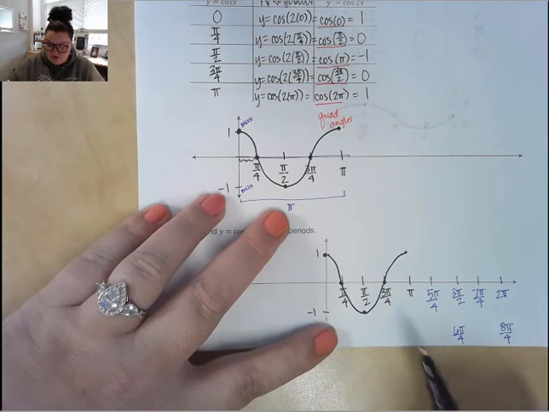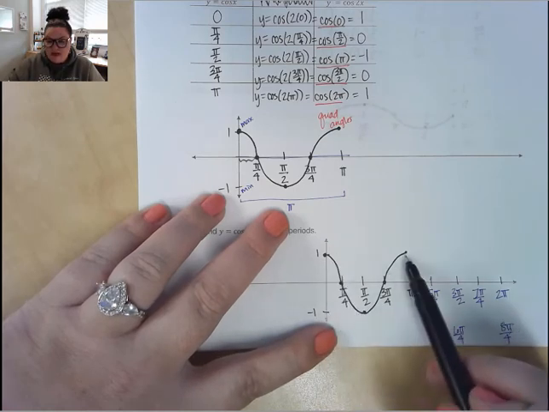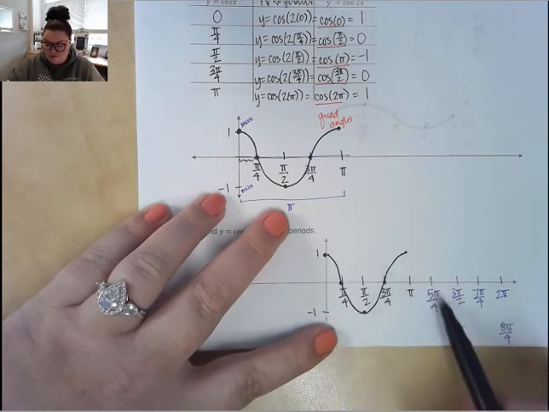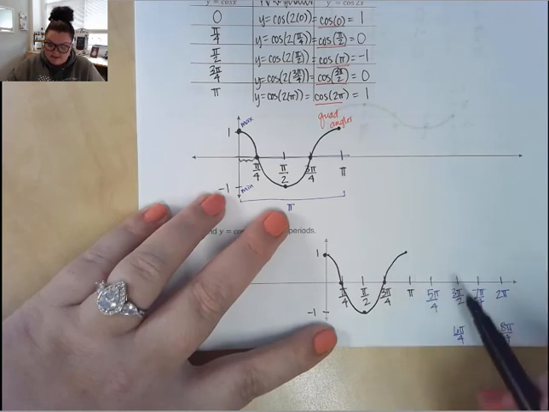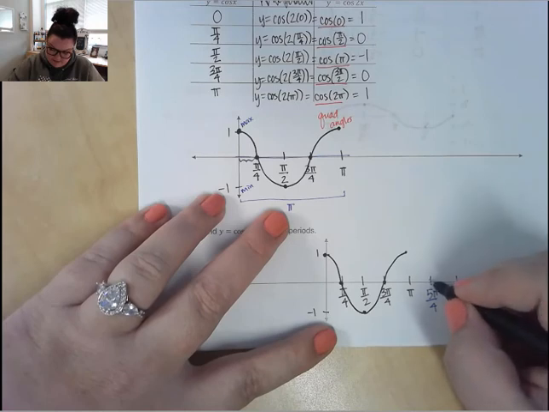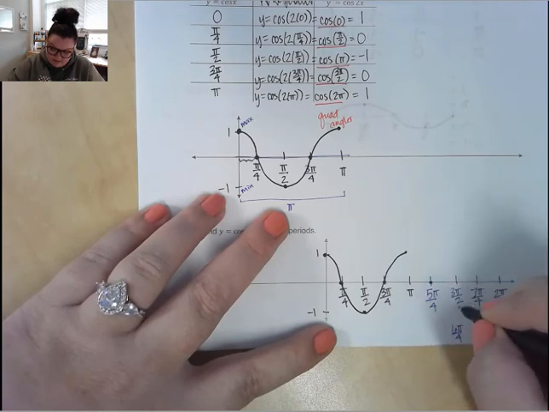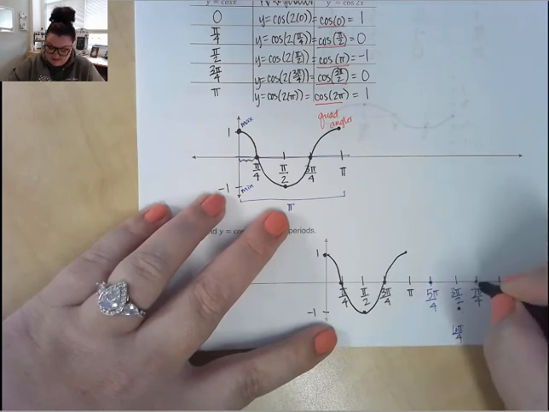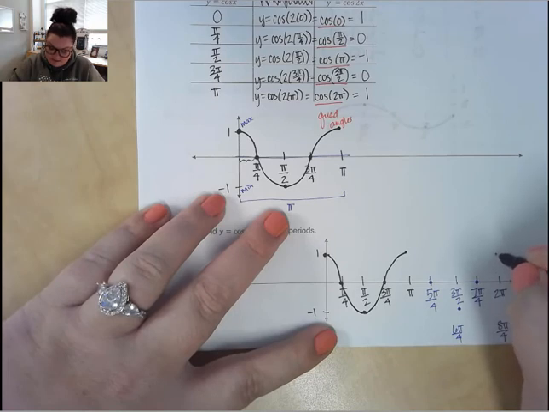Okay. So obviously if one rotation is pi, then 2 rotations would be 2 pi. So I'm just going to repeat these outputs. So we start up at 1, then we go down to 0, then we go down to -1, and then back up to 0, and then back up to +1.